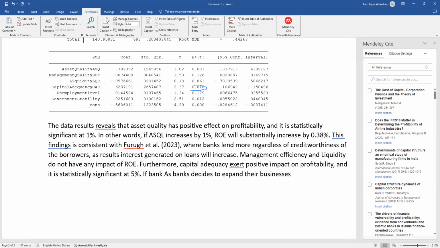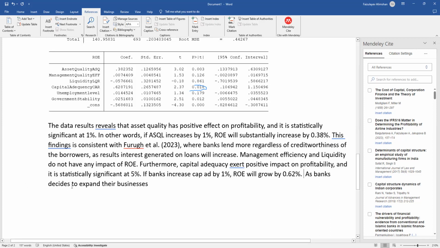If bank increases cap adequacy by 1%, ROE will grow by 0.62%. As banks decide to expand their businesses, more return will be generated.